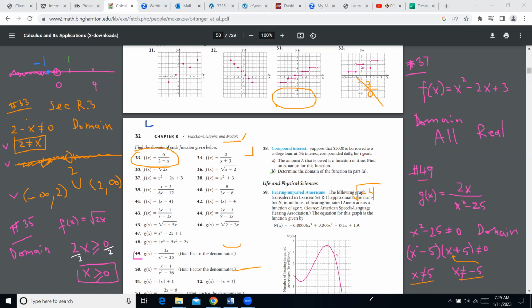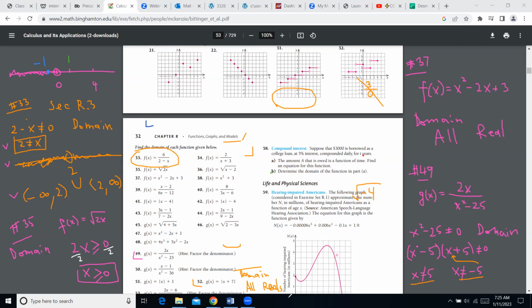I say, Alex, what about 52? That's a square root. What about the domain for number 52? Well, there is no denominator. There is no square root. All reals, all real numbers. See, you don't have any problem here. I know it looks like a square root, but so what?